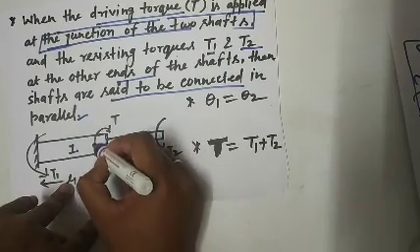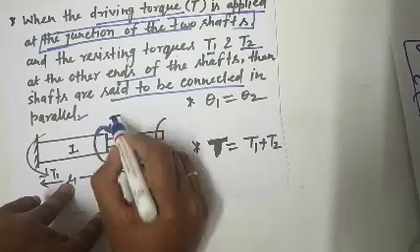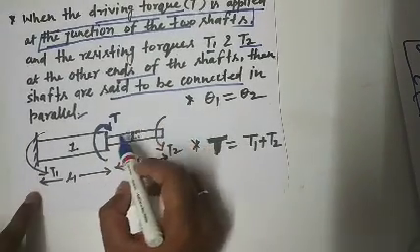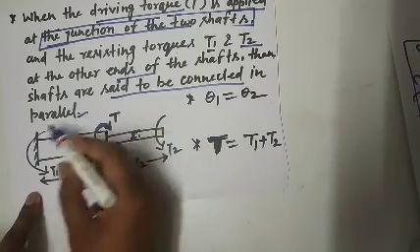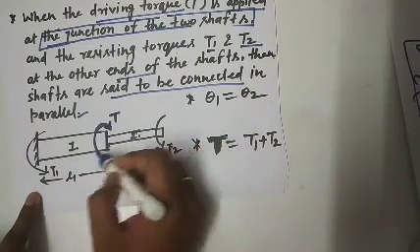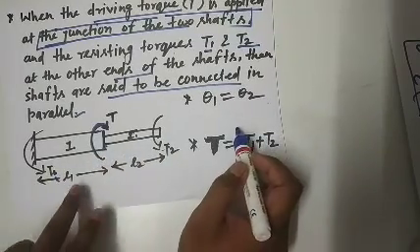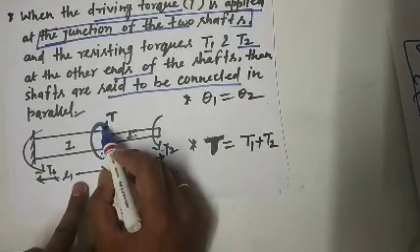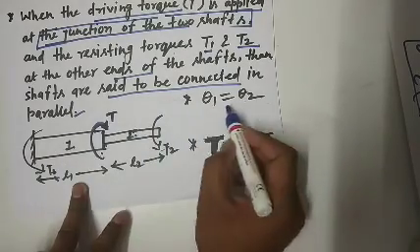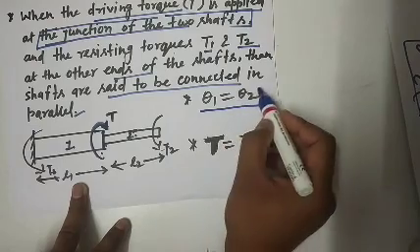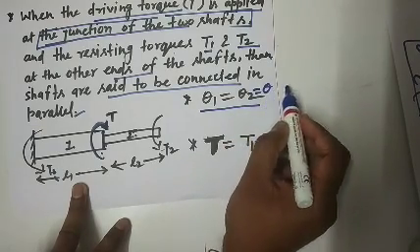When the driving torque is applied at this point, the resisting torques will be developed at both ends, T2 on shaft 2 and T1 on shaft 1. In this case, because the driving torque is applied at the junction point, the angle of twist will be uniform throughout the shaft: theta 1 equal to theta 2 equal to theta.